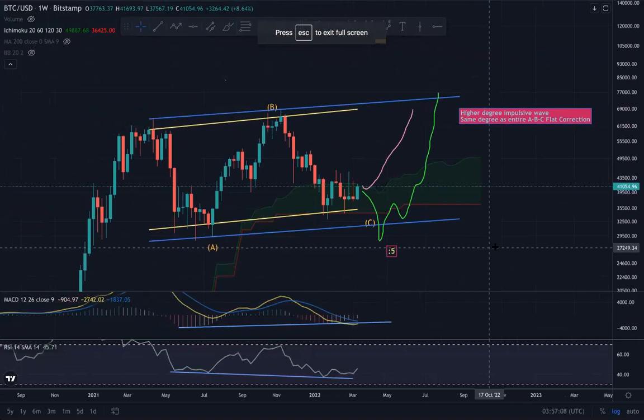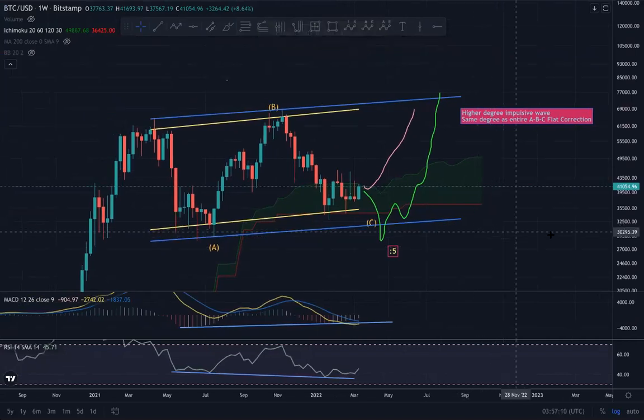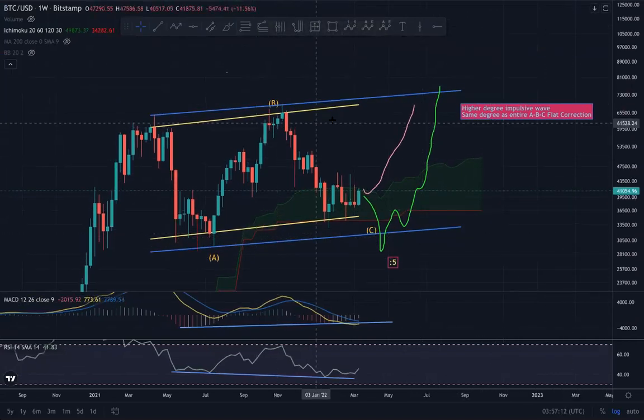price chart. This is still the terminal impulse wave idea, where in fact this whole C wave would be a form of terminal impulse, but the fourth wave here would be trading within the one wave and two wave.